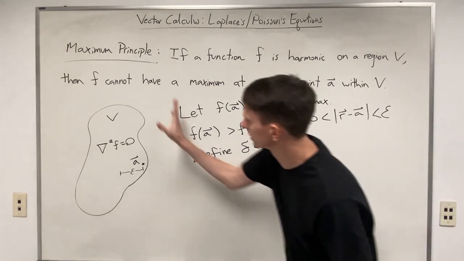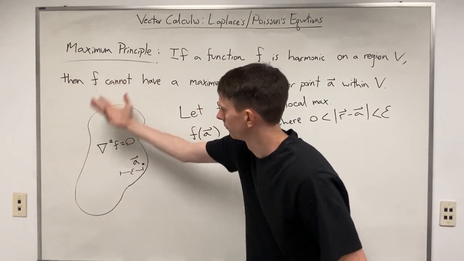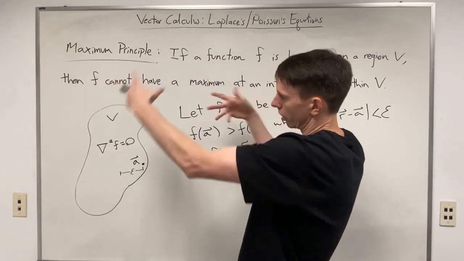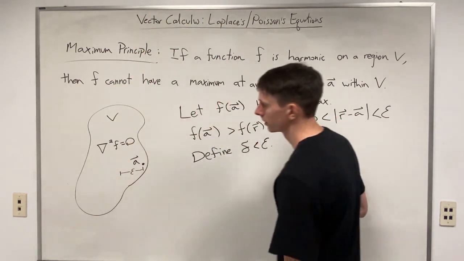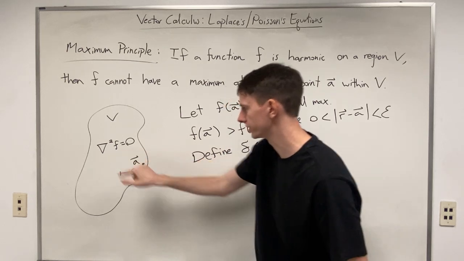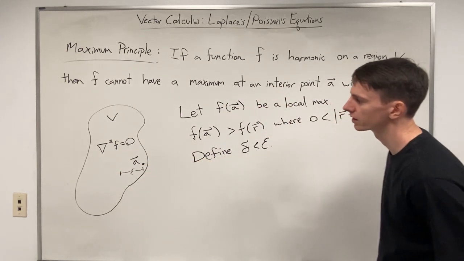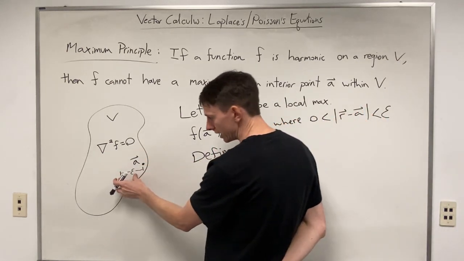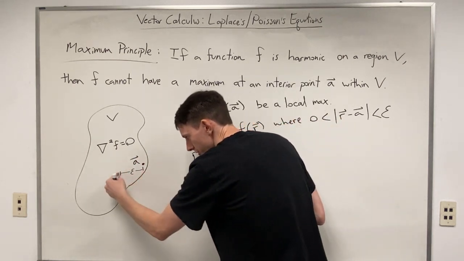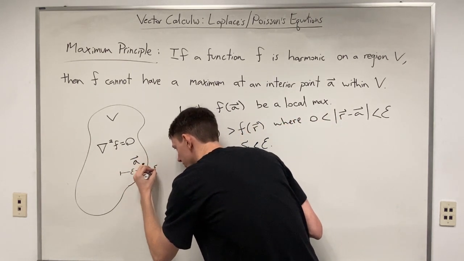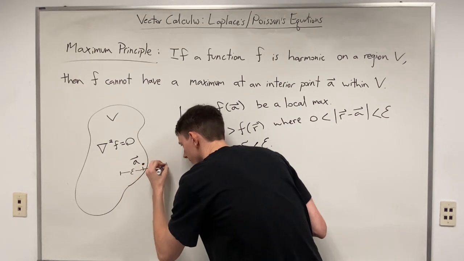It's not like this is the only volume that exists. All of R3 exists, but this is the volume that we're working in where Laplace's equation is guaranteed to be satisfied. We could define a neighborhood like this, but what happens if this neighborhood extends out the other way? What happens if we tried to draw it out like this?